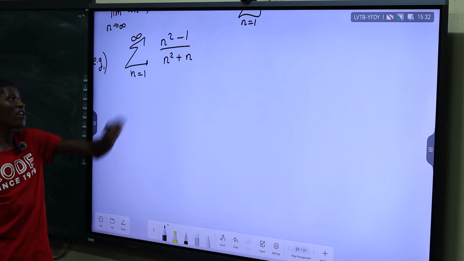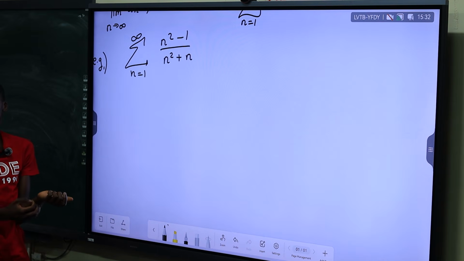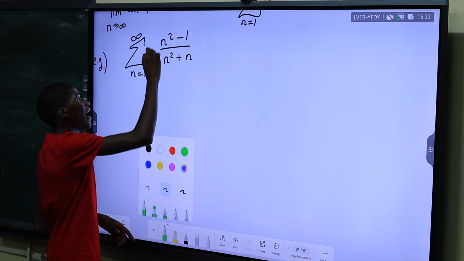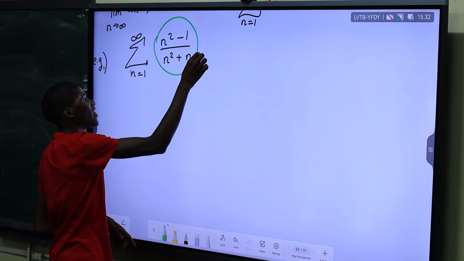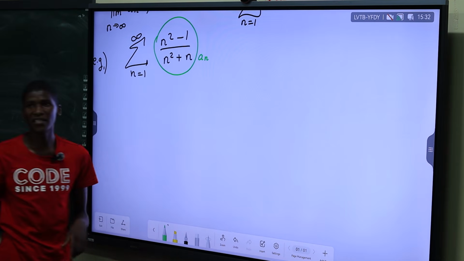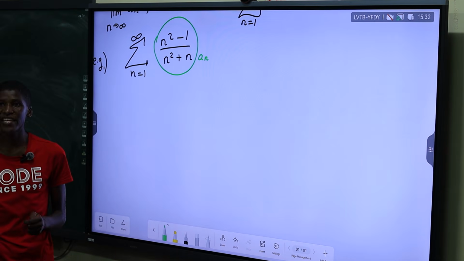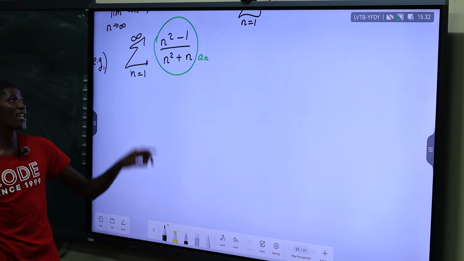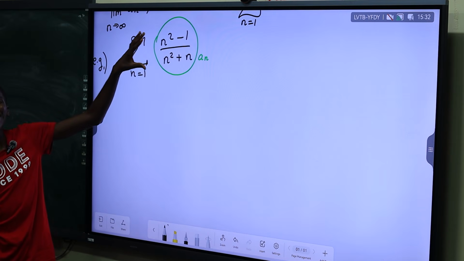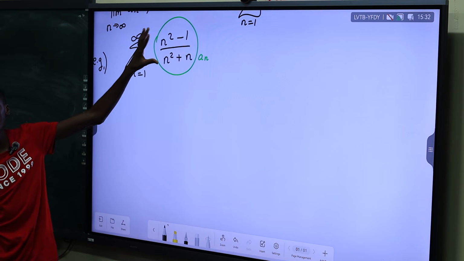Okay? So now you are having this, and you want to test for its divergence. We need to remember that this is our An, the general term. So what do you need to do now? You need to try and find out the limit of An of this general term.